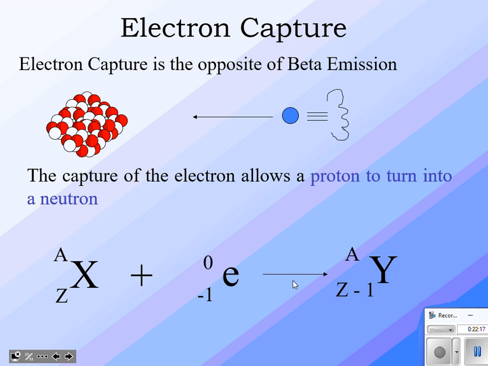The right side, meaning it is given off. In electron capture, which side of the arrow is the electron on? The left side, meaning it is taken in. So that's what I'm looking for to distinguish between a beta decay and an electron capture.